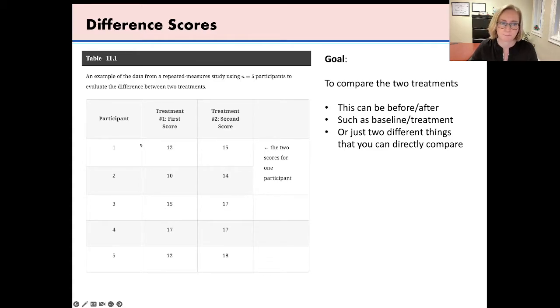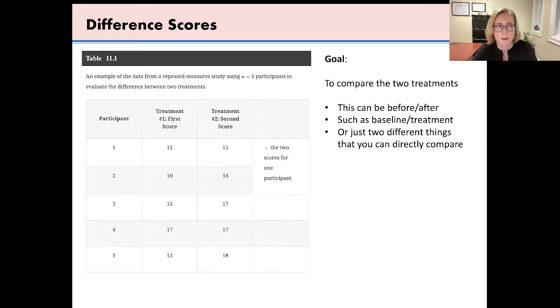But you can see here treatment 1, treatment 2. And it has to be something you can directly take a difference from, to compare those two treatments. So in the case of what some of you were doing with questionnaires, you can't compare two different questionnaires. You can't compare a score on state anxiety to personality trait.